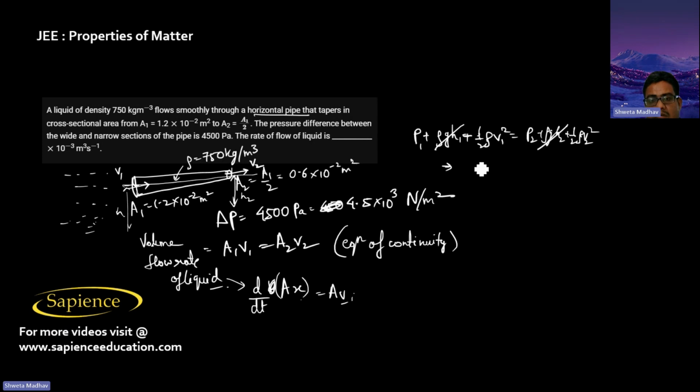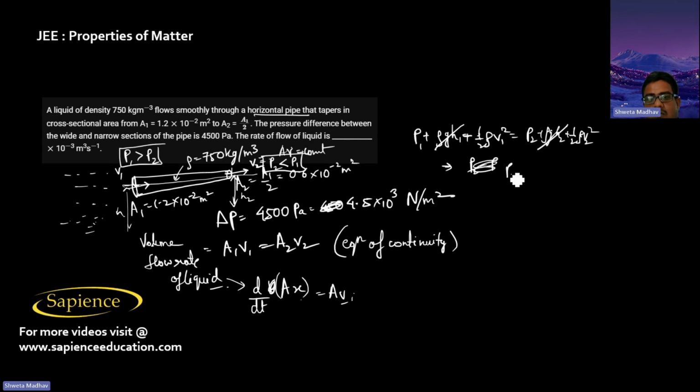So the pressure difference, P2 minus P1. Here the velocity is high where the area is less, since area into velocity is constant. So when the velocity is high, the pressure will be low. So P2 is obviously less than P1. Here the area is high, so the velocity is low, so the pressure is high. So P1 is more than P2.